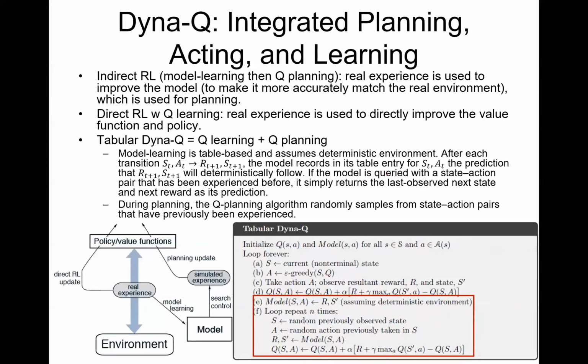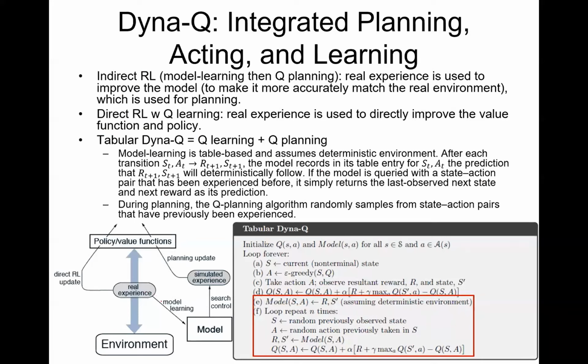If the model is queried with a state-action pair that has been experienced before, it simply does a table lookup and returns the last observed next state and next reward as its prediction. So that's the model, a simple table lookup. And during planning, the Q planning algorithm randomly samples from state-action pairs that have previously been experienced.